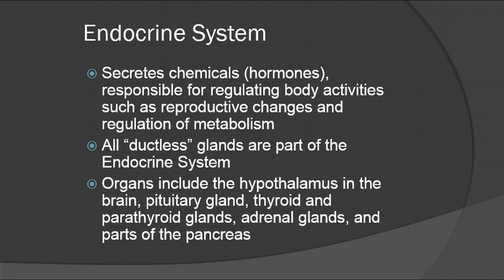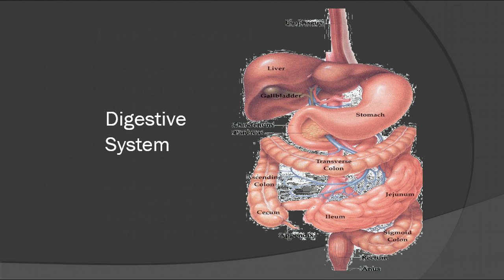And again, the endocrine system is responsible for hormones and regulating body activities, and it says such as reproduction, changes, and metabolism. It's kind of a catch-all system. It says all ductless glands are part of an endocrine system, and it includes the hypothalamus, brain, pituitary gland, thyroid, parathyroid gland, so all these different parts of the endocrine system.